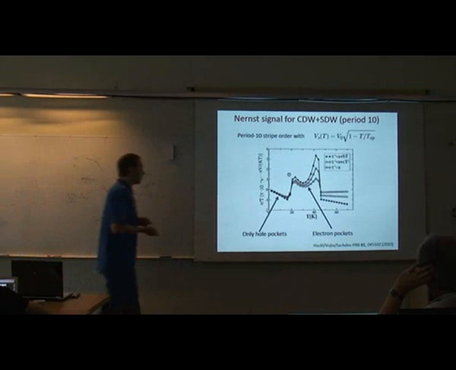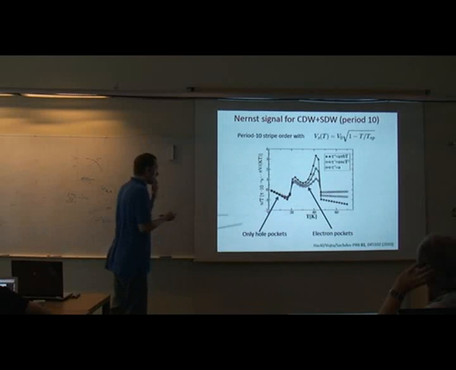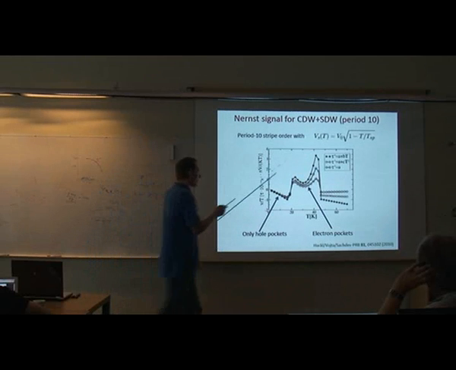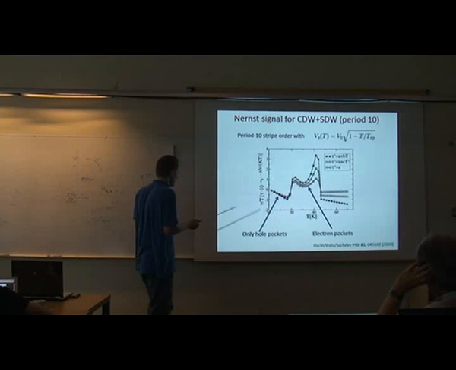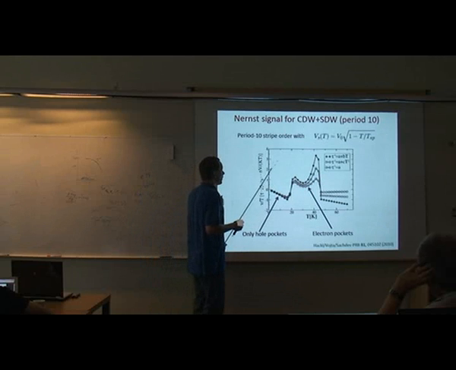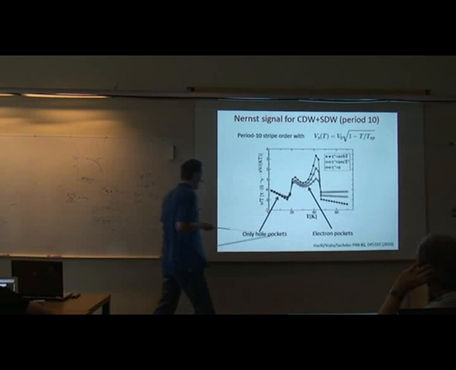You can play the game for different periods, and that's what I'm trying to distinguish from this period 8 order. Now, if you take a period 10, which would be at some underdoped range of this material, you will see a very different structure. You can relate the structure to the electron pockets and hole pockets.